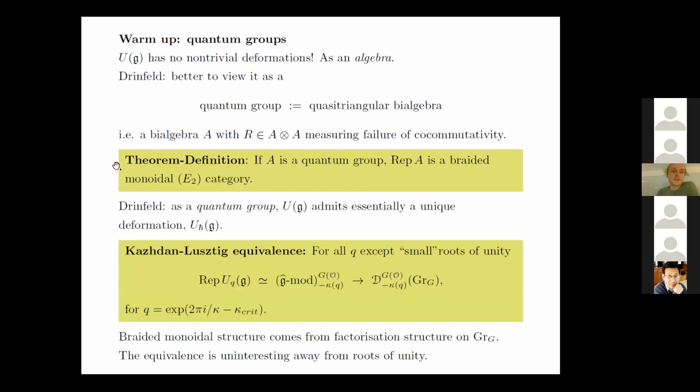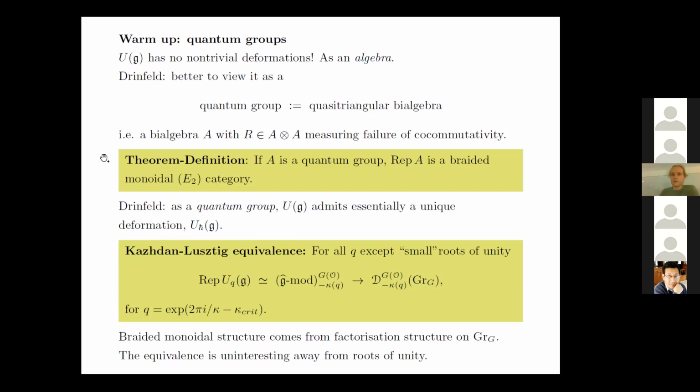One of the things Drinfeld did when introducing these objects is show that U of G admits a one parameter deformation U_hbar of G, and this deformation is essentially unique. I don't have the time to go into this now, but you can identify the category of representations of this deformation with a certain geometric category of D-modules on the affine Grassmannian.